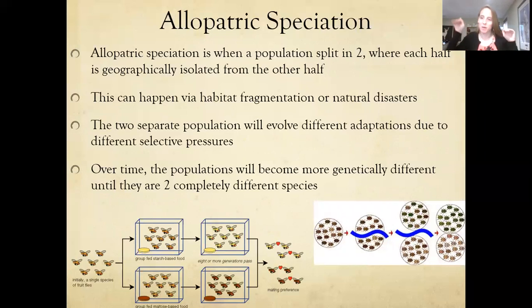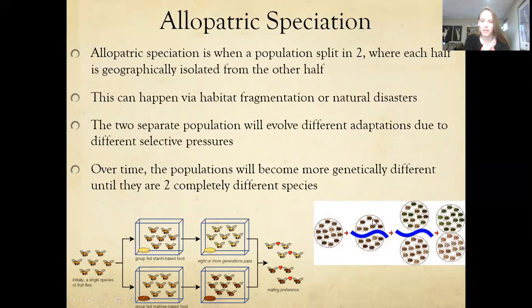Maybe a new mutation pops up in one population that doesn't pop up in the other. Maybe the selective pressures in the two populations are slightly different, but they're going to start evolving different traits over time until they're so genetically different from each other that they're two different species. So that's what this is showing down here. You have this initial population.